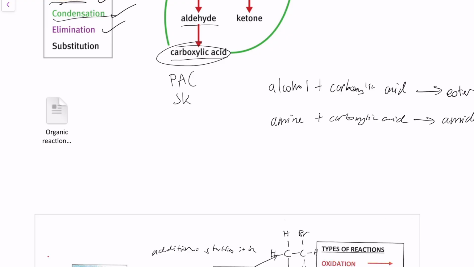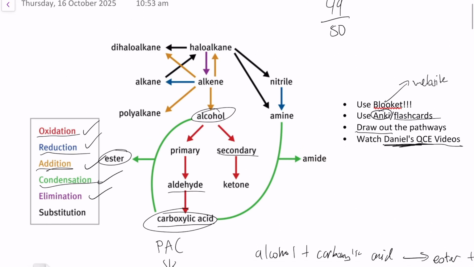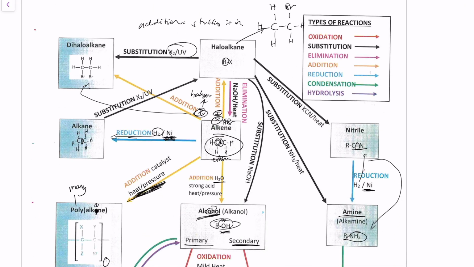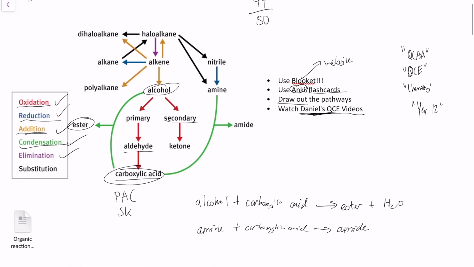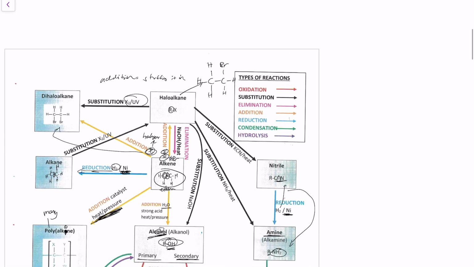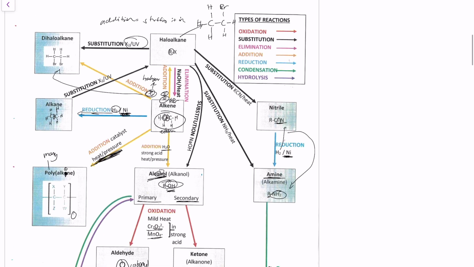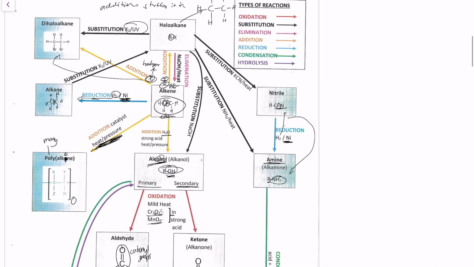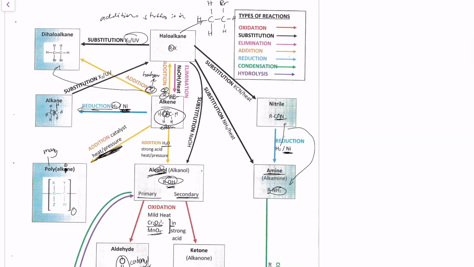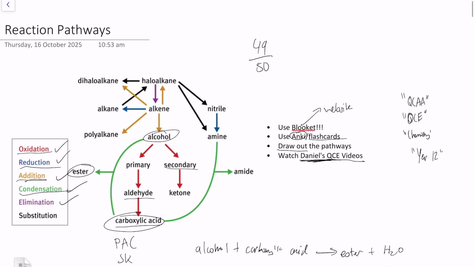And then with substitution, there's quite a few substitutions actually. There's an extra one that this diagram gives, with a haloalkane to an alcohol, and that's a substitution, but it's similar to the elimination reaction.